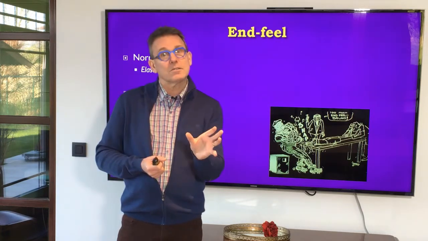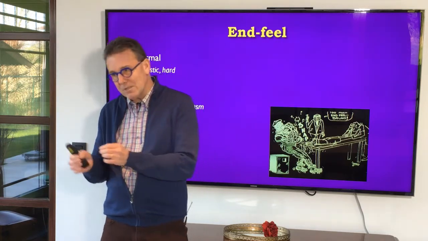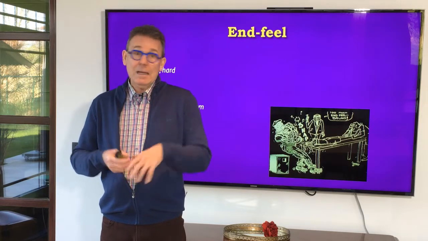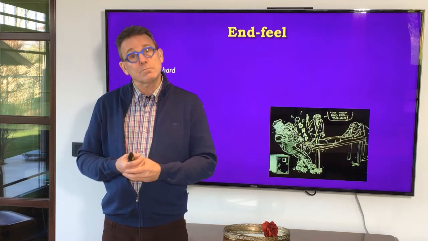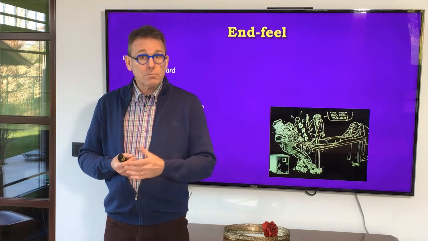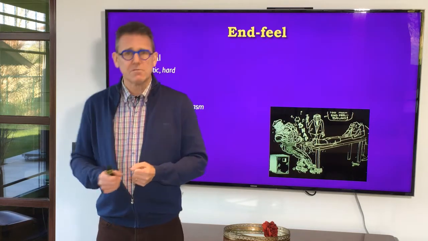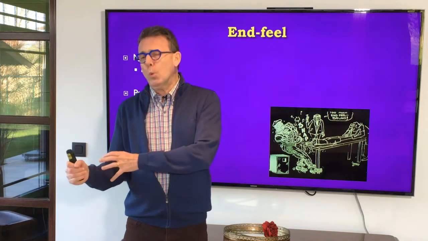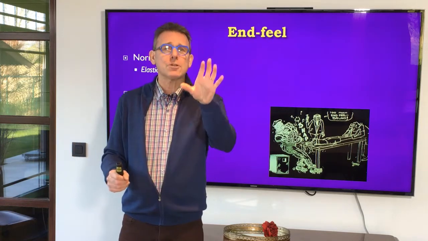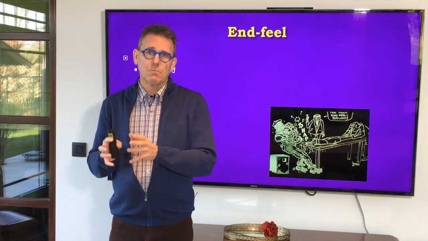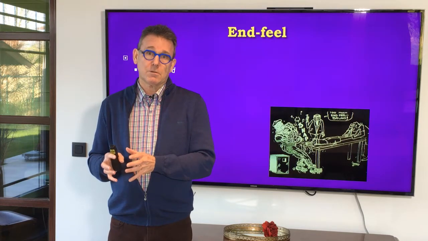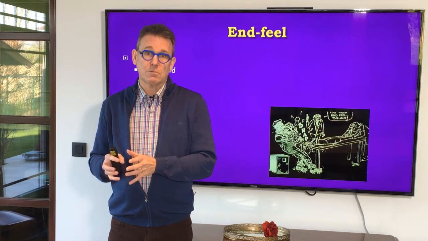For instance, an elastic end feel, which became a little bit harder. Typical with arthrotic changes. Or muscle spasm end feel. You do a rotation and suddenly, ooh, muscle spasm, voluntary spasm, involuntary spasm, I don't care, muscle spasm. And muscle spasm means it's an acute lesion.